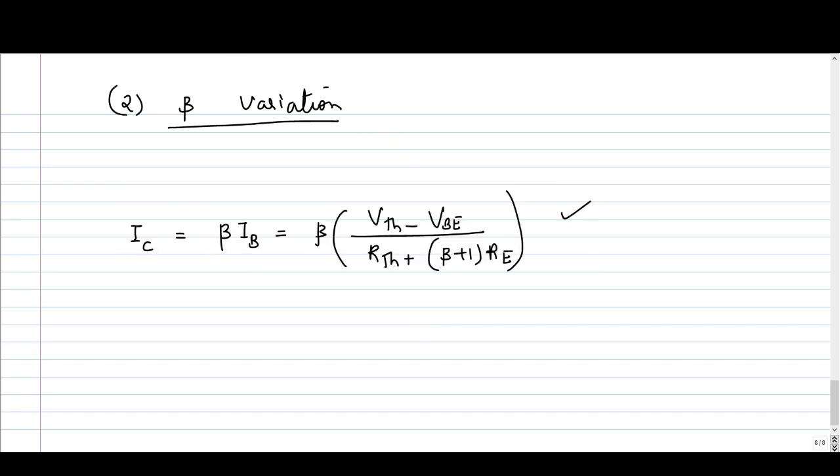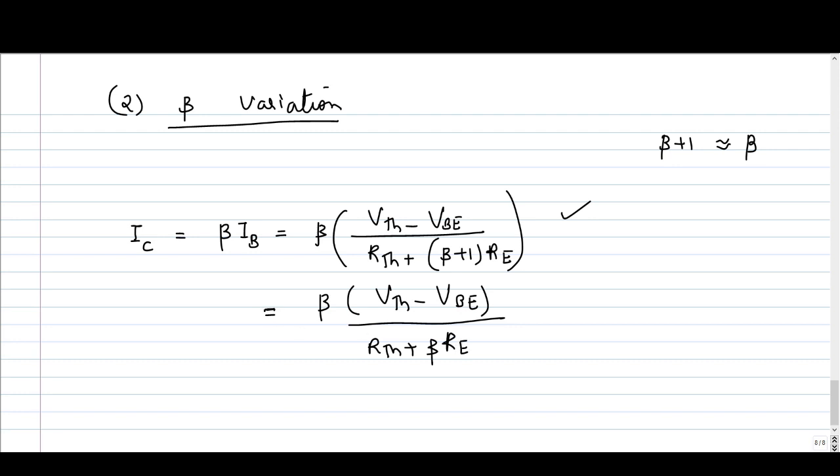So here we can make an assumption. Beta plus 1 is approximately equal to beta. This assumption we have already used. So if you do that, you will get beta into VTH minus VBE divided by RTH plus beta RE. Okay, IC is approximately equal to this.